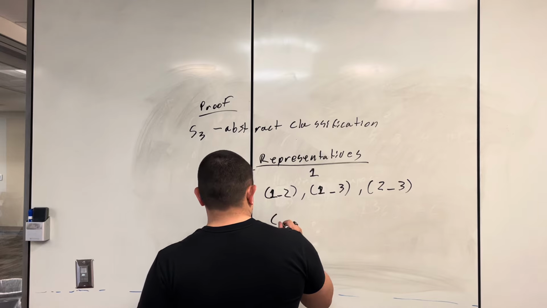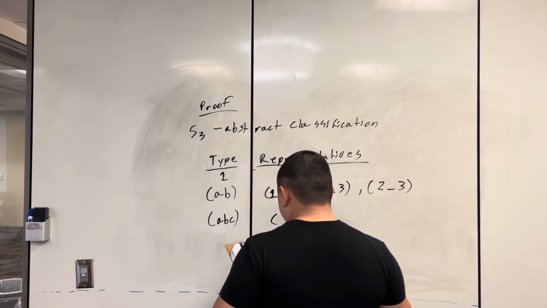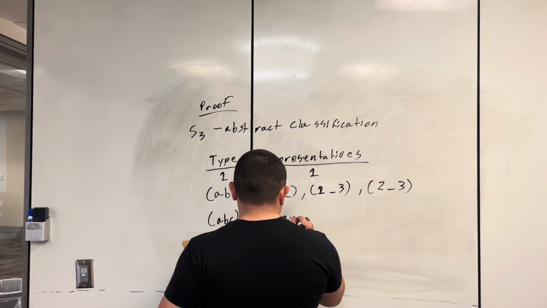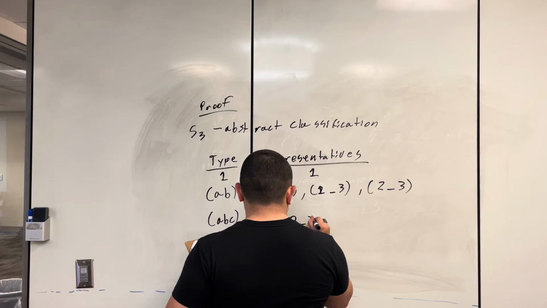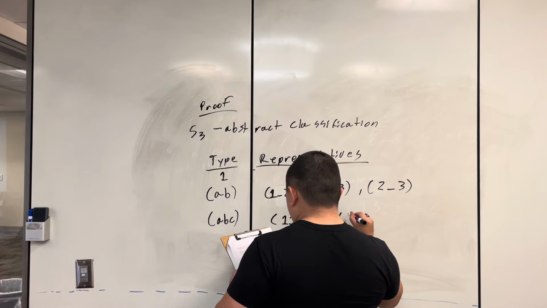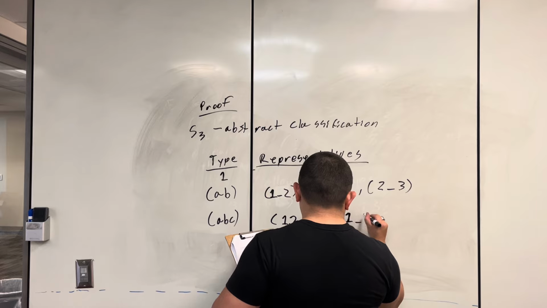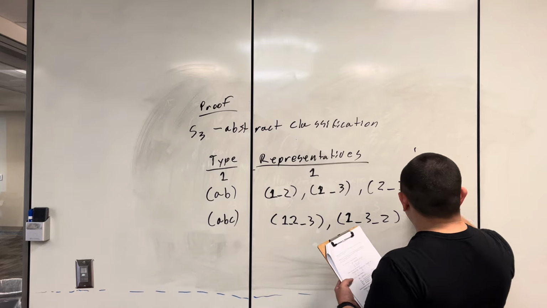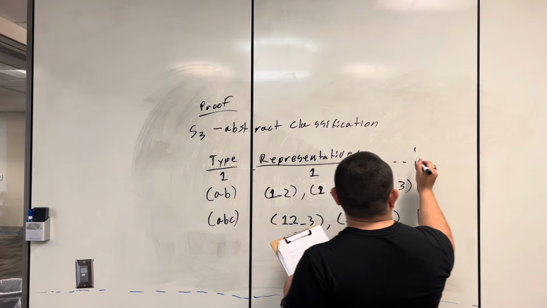And for this case, we'd have 3 of them all up in a row, right? So this would be 1, (1 2 3), and then we'd have (1 3 2).